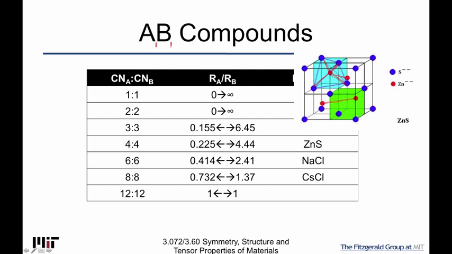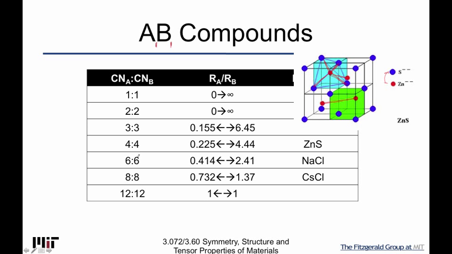I've got these 2 guys here, so it's in that little tetrahedron. And of course, these are completely equivalent, so I could have switched these labels or shifted up by a quarter, and I would see that the sulfur ion is also in the same kind of environment. And so those are tetrahedral holes, and this is called a zinc blende structure, for obvious reasons.